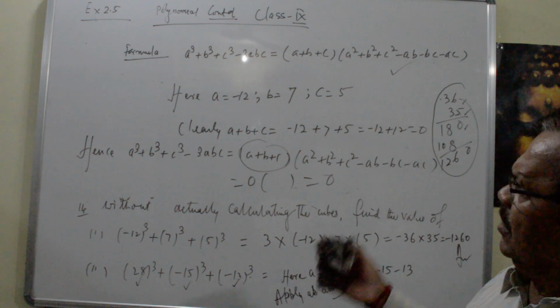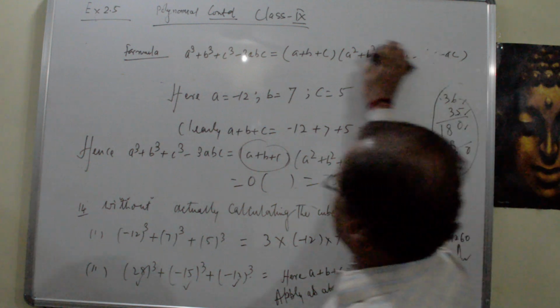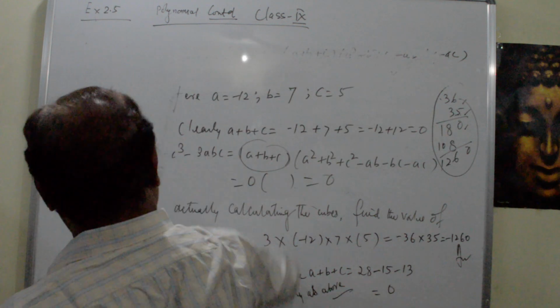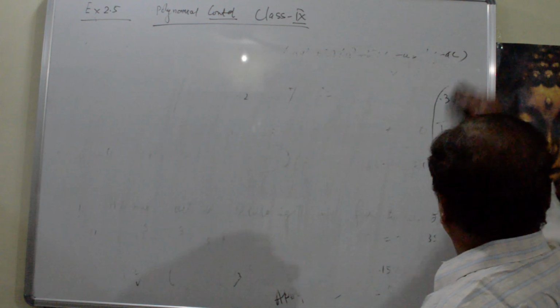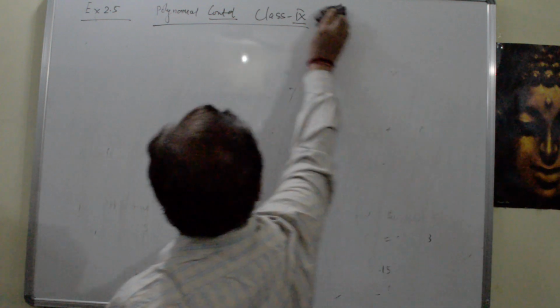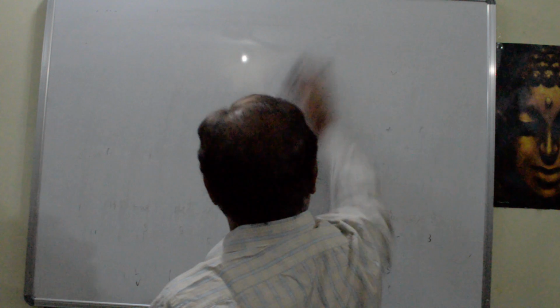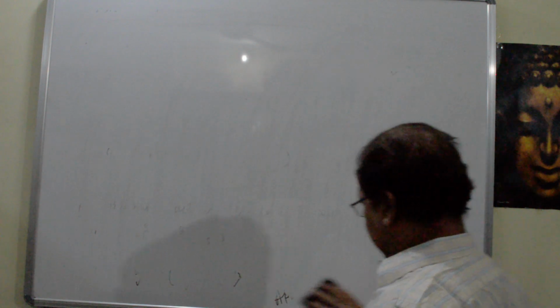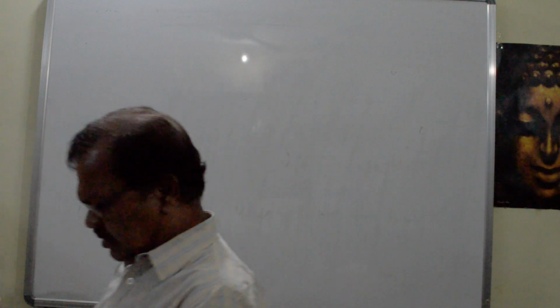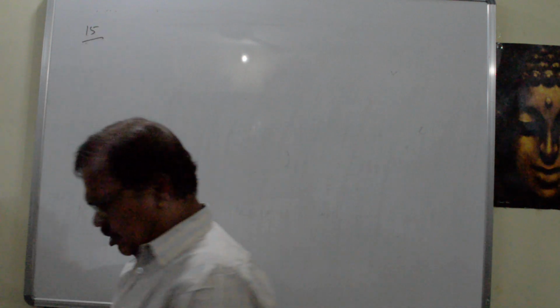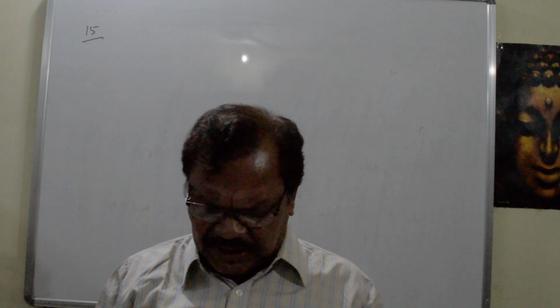Let us come to another question, questions 15 and 16. Let us see question number 15. This question is: give possible expressions for the length and breadth of the following rectangles in which their areas are given.